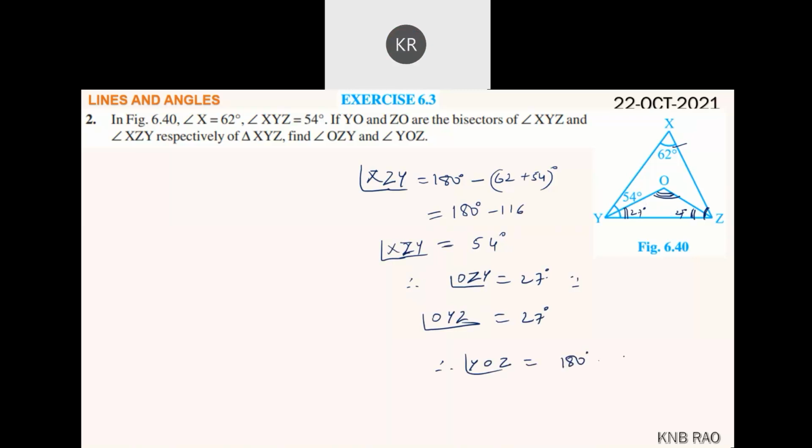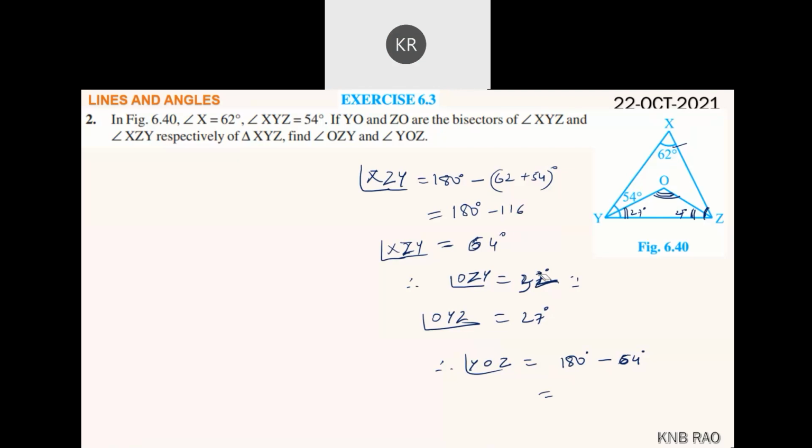XZY is equal to 64, sir. It is 64. A subtraction mistake. Okay, you are right.